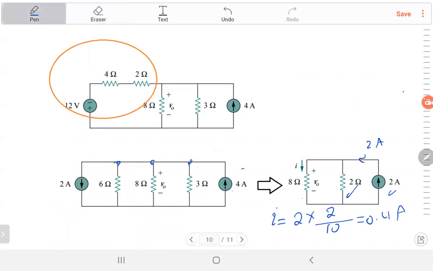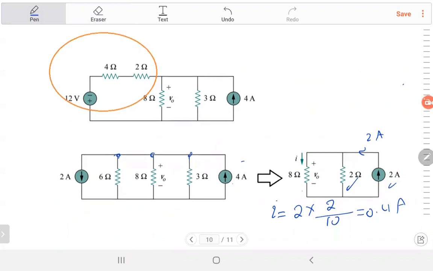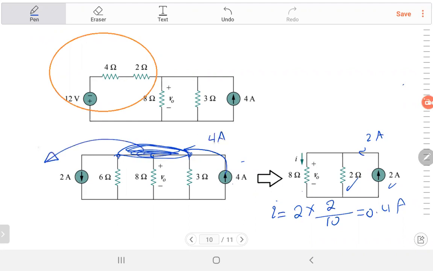So you want to understand how we got rid of the 4 amp, right? All right. You have here 4 amp, and you have here 2 amp. You know how we got to 2 amp? All right. So if you have these three junctions, you can consider it as one node. So the 4 amp is going in, and the 2 amp going out.